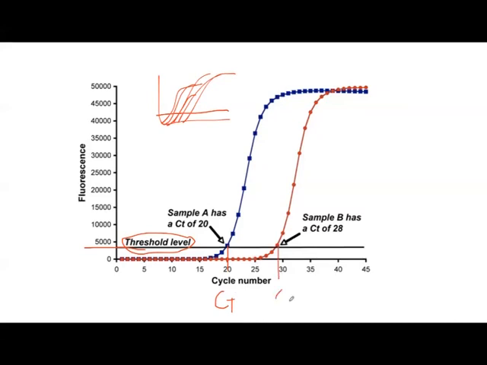Whenever you run all your samples in one plate, you need to choose one line. And this will tell me that this sample is at 20, and this sample is around 29 or 30. It will tell me that this sample is more concentrated. So the lower the CT value, the earlier the sample amplified, because you have more starting material.